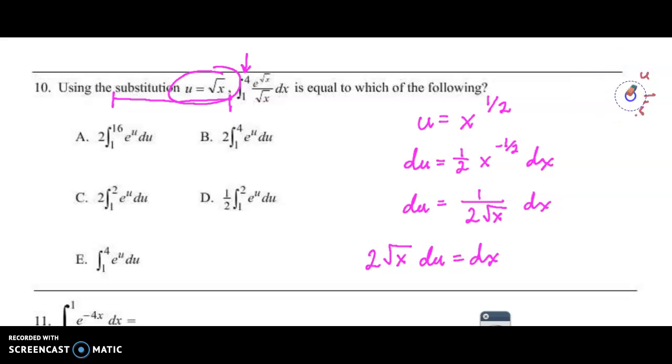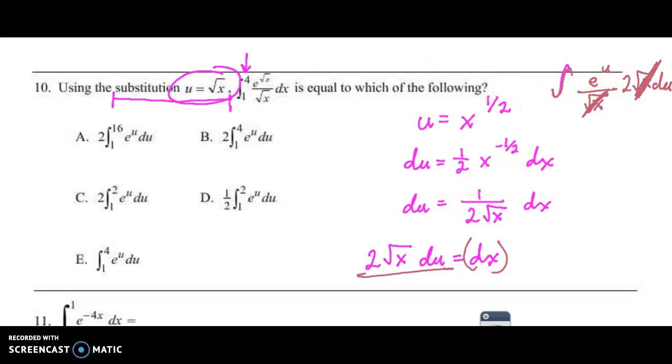Let me scoot this over. I'll worry about the bounds here. That you leave the e to the u in the numerator, leave the square root of x alone, and then replace dx with 2 root x du, and then you can see that the denominator will cancel out.